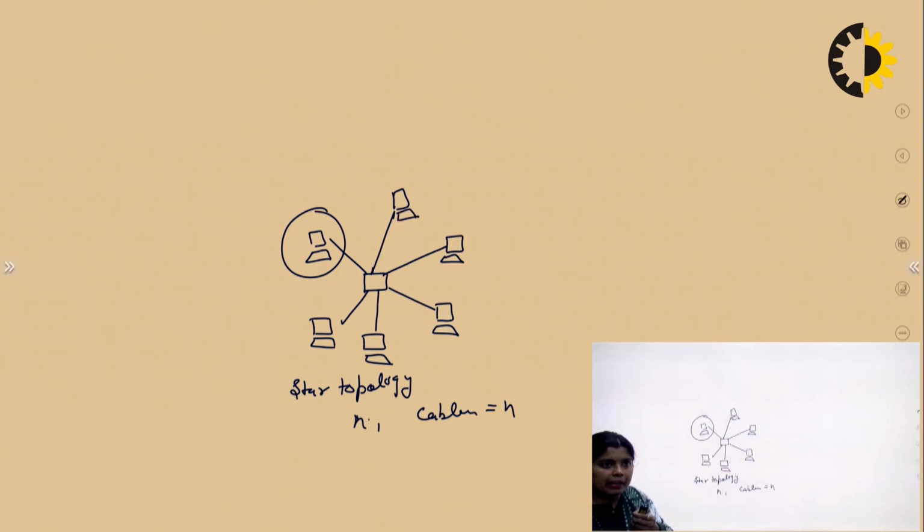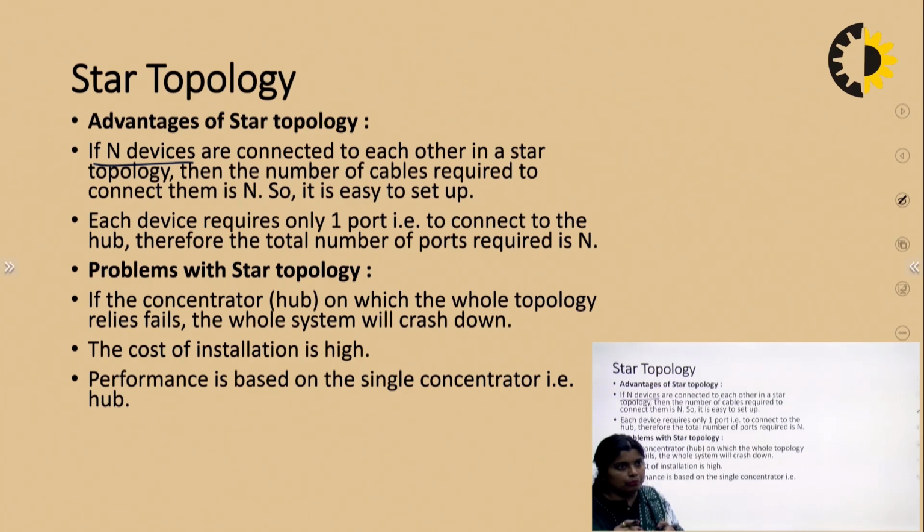But if the hub is damaged, then the overall network will be damaged. This is the main drawback of the star topology. If the hub fails, the whole topology will fail.